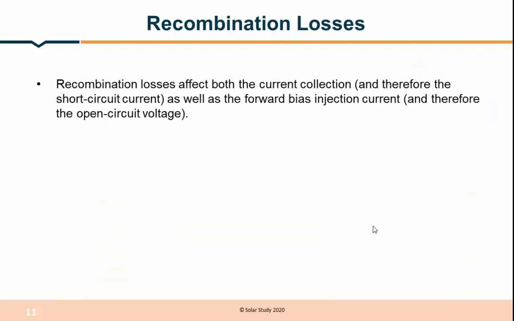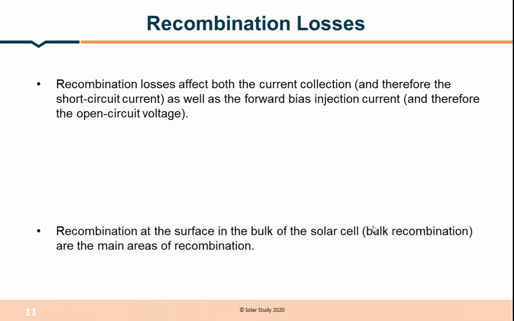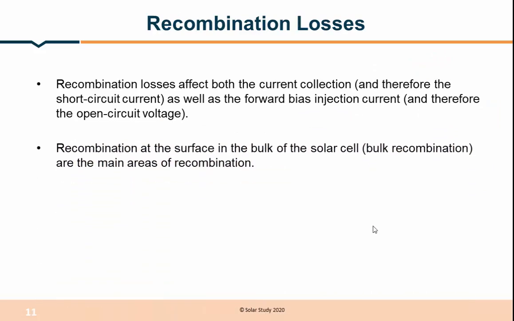In the next part, we will see the recombination losses. What are recombination losses? These losses occur during the recombination of electrons and holes. Due to these losses, both the current and voltage are affected, that is the short circuit current and open circuit voltage.